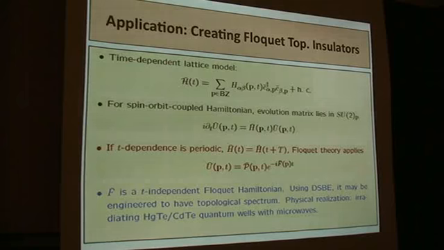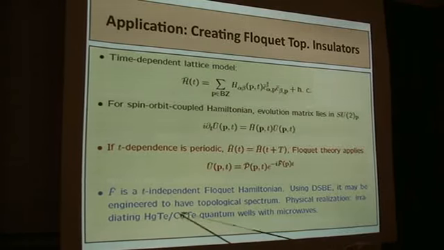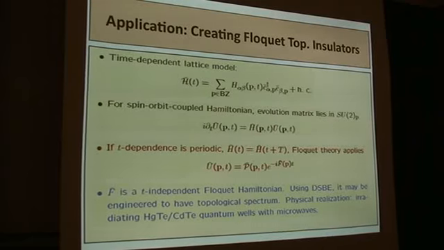So basically, there was a specific model that we considered. The answer is yes. It's possible. Now, you're irradiating this quantum well, which is not topological, but you're driving it to be topological. Yes, yes.